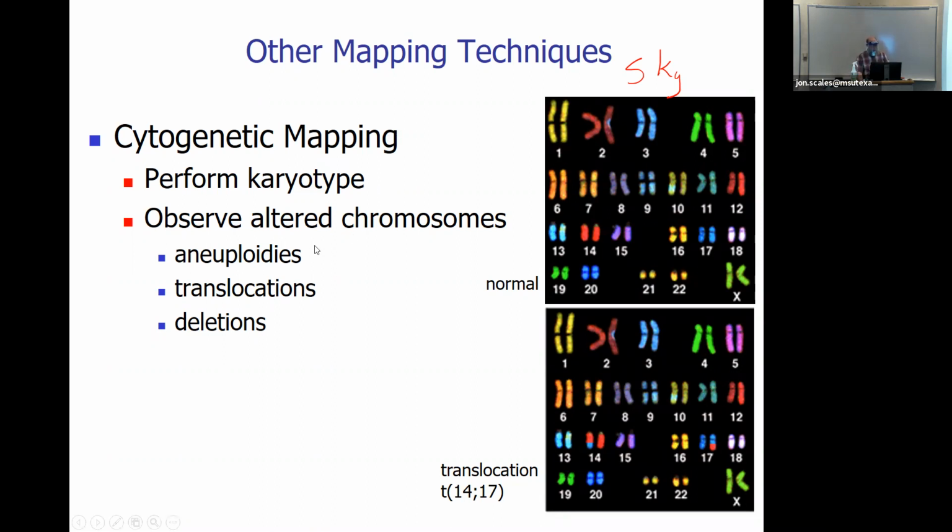So what you can observe this way, you can observe when there's the wrong number of chromosomes. So aneuploidies, when there's the wrong number, an extra one or a missing one. Translocations like this, where chromosomes are mixed and matched inappropriately. Deletions, like if a chunk of a chromosome is missing, you're going to see a short one, right? And so you can see those kinds of things pretty easily with this.